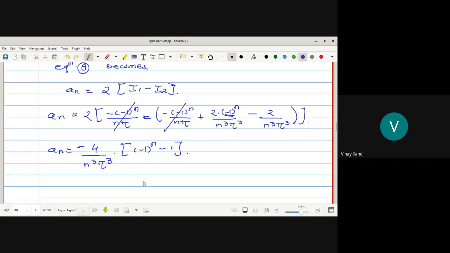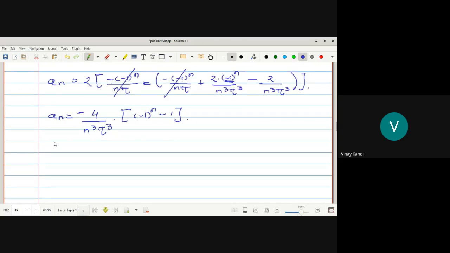Taking -2 upon n cube pi cube as common. Now look here: a_n is equal to 8 upon n cube pi cube if n is odd.